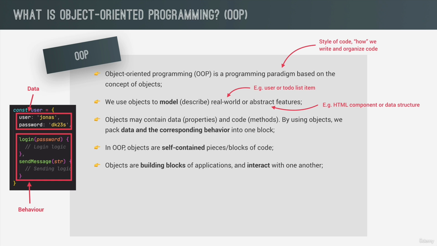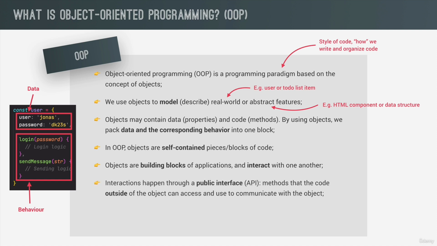Now, these interactions happen through a so-called public interface, which we also call API. This interface is basically a bunch of methods that the code outside of the objects can access and that we use to communicate with the object.